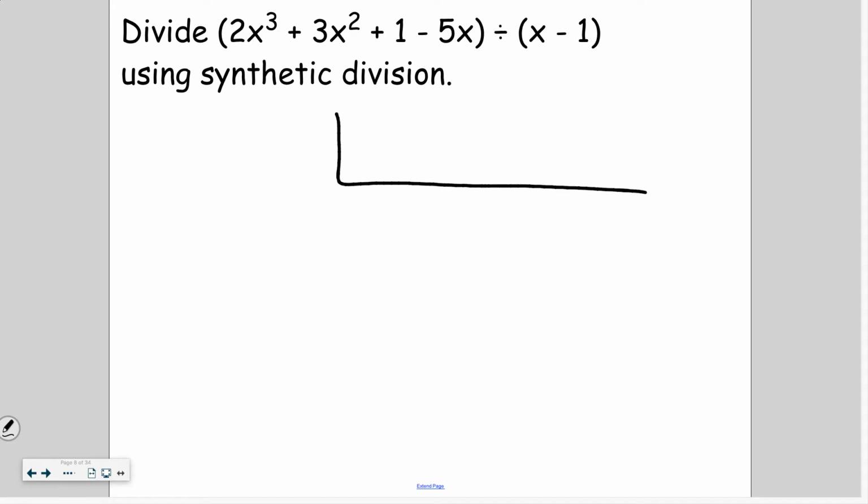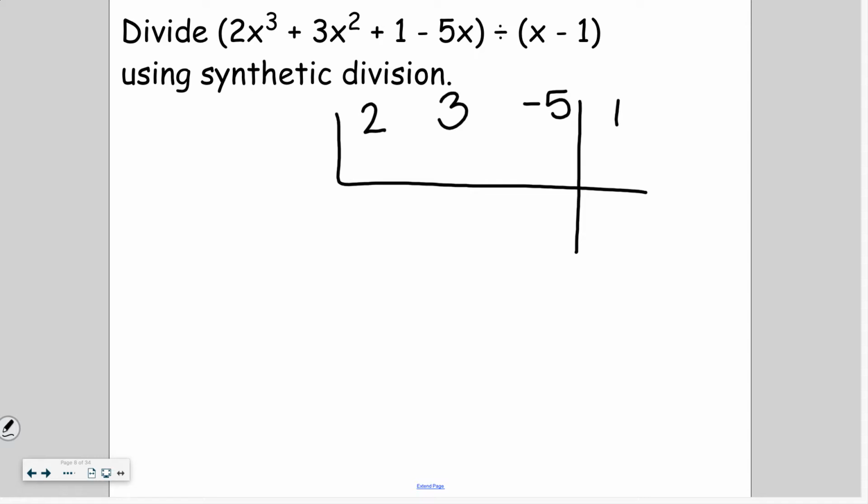So we need to make sure that when we're writing it down, we put it in standard form. So the x cubed is the biggest, so the 2 goes first. Then we've got x squared, so 3. 1 is our constant, so 1 would go over here to the right of our little line. And then we have the negative 5x, so a negative 5.